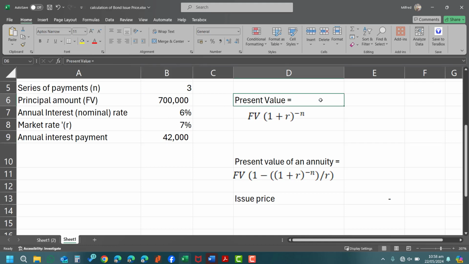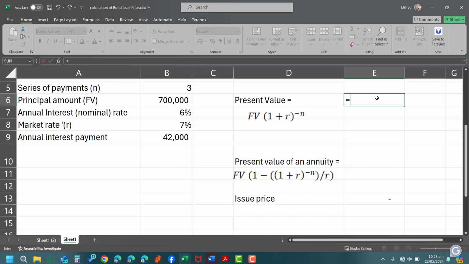Now, in calculating present value, the calculation will be like this in formula. But in Excel, you can just type equal sign PV and then bracket. Rate, you use the market rate, and then comma, number of periods, which will be 3, and then PMT or the payment, you leave it 0 because we're trying to calculate for the principal amount.